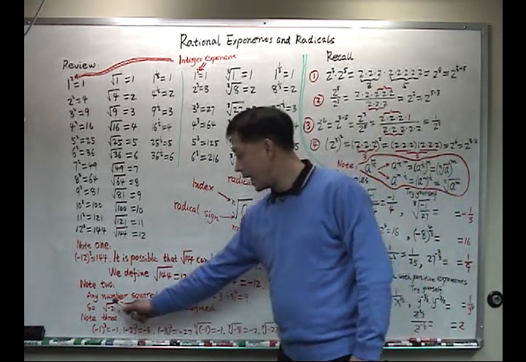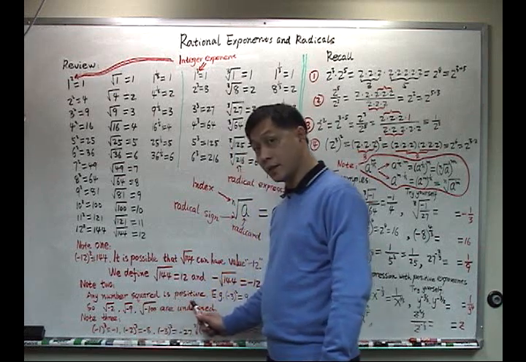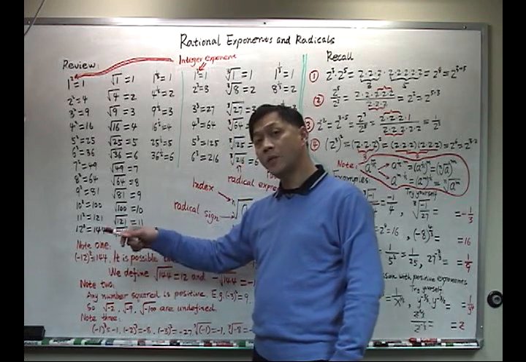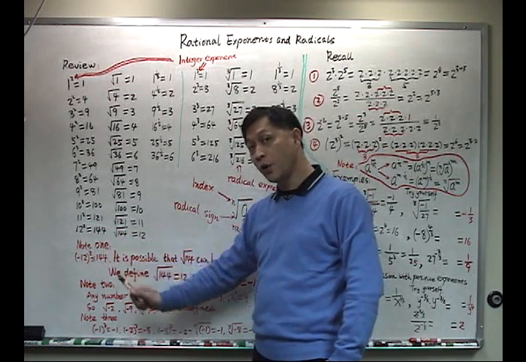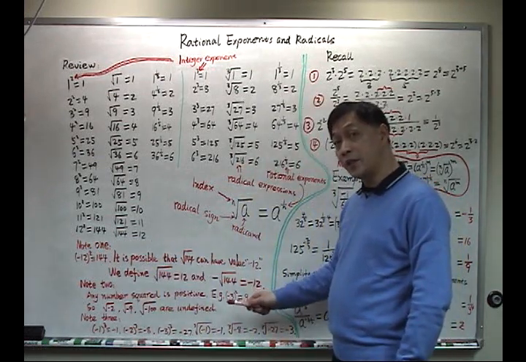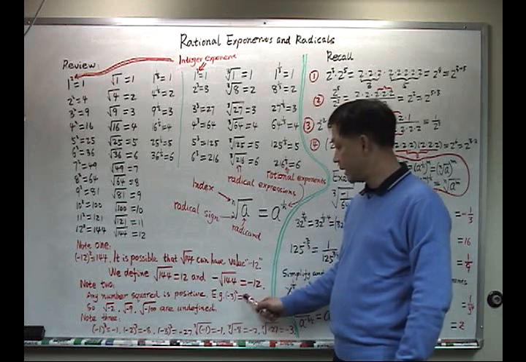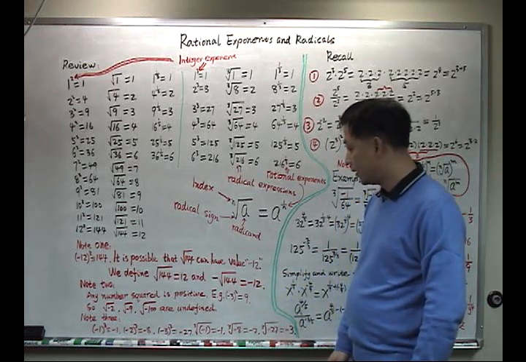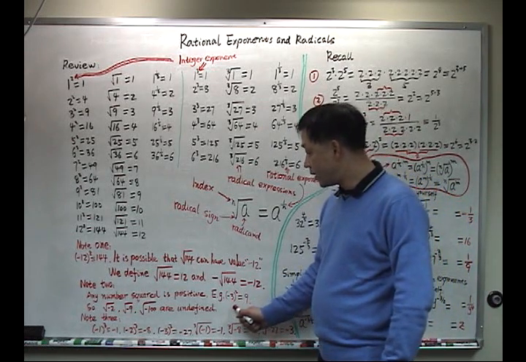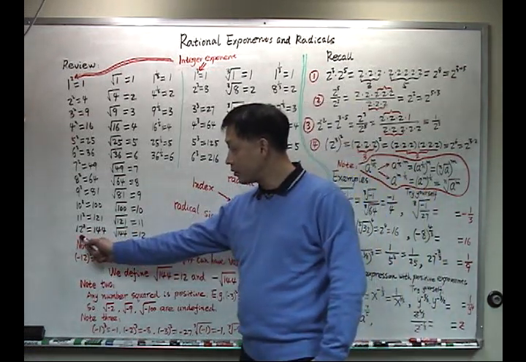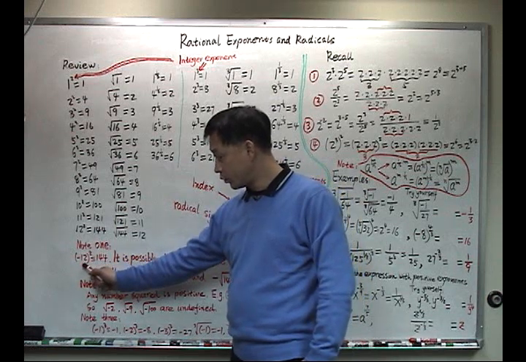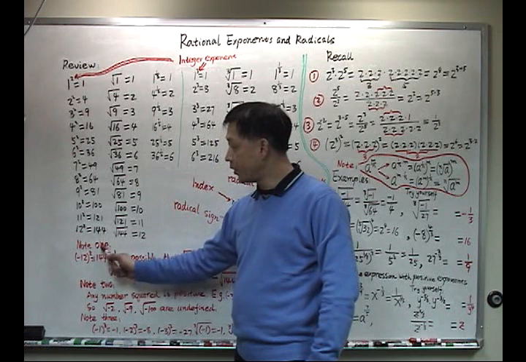Another note is that any number squared is positive. Negative 12 squared is negative 12 times negative 12, which is 144, positive. And negative 3 squared is negative 3 times negative 3, two negatives, so we get positive 9. So it doesn't matter whether it is positive 12 squared or negative 12 squared, you always get a positive.